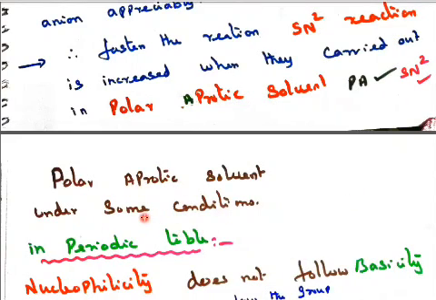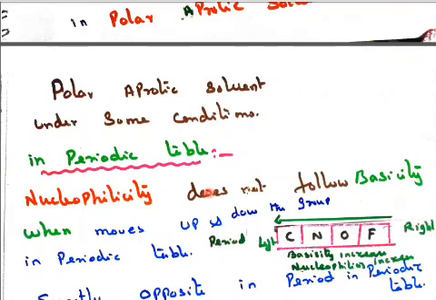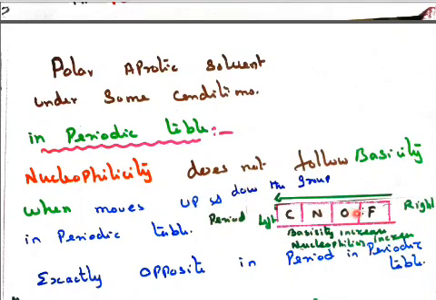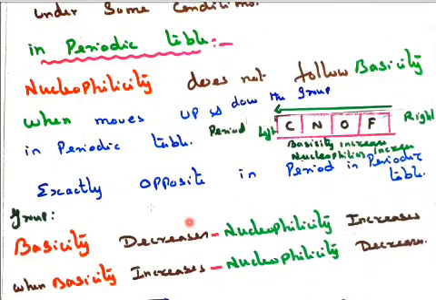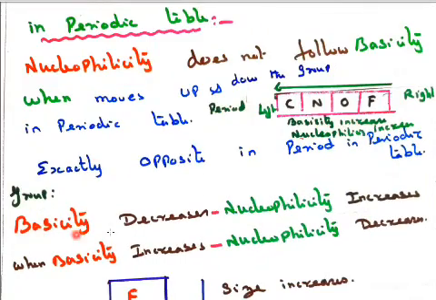In a polar aprotic solvent, looking at the periodic table, nucleophilicity does not follow basicity when moving up and down in a particular group, but it does from left to right or right to left. Going right to left, the electronegativity value decreases, so nucleophilicity increases and basicity increases, but it is just the opposite in a group. When basicity decreases, nucleophilicity increases.